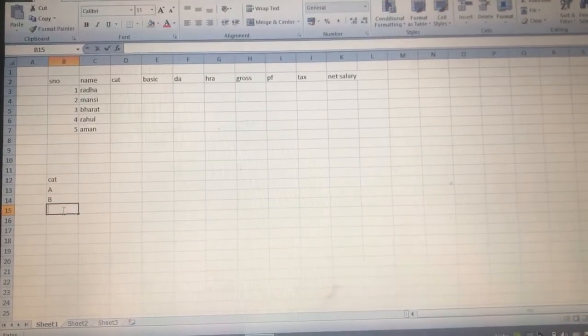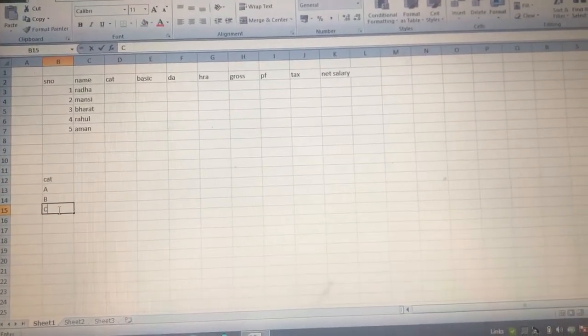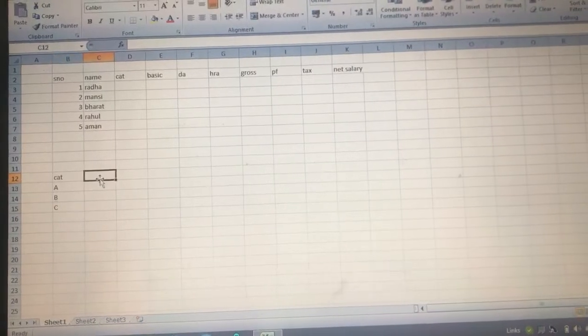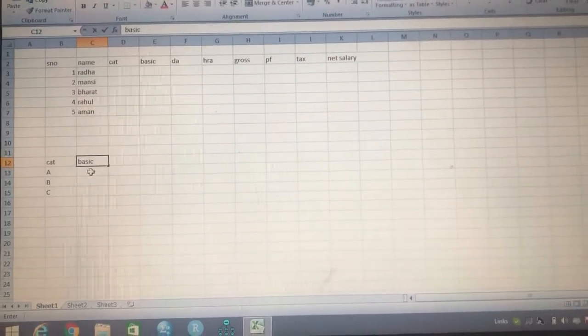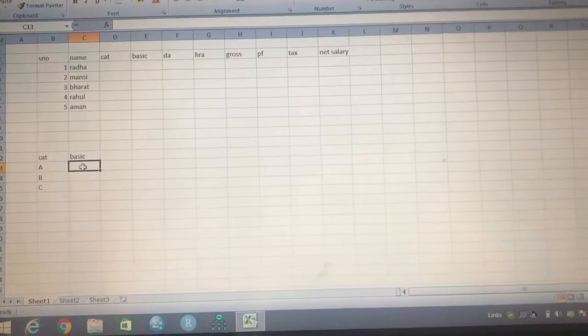So we have these three categories with us, and for all of these we have different basic salaries, which are given as follows.